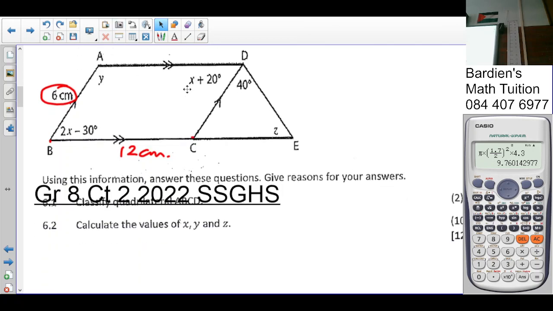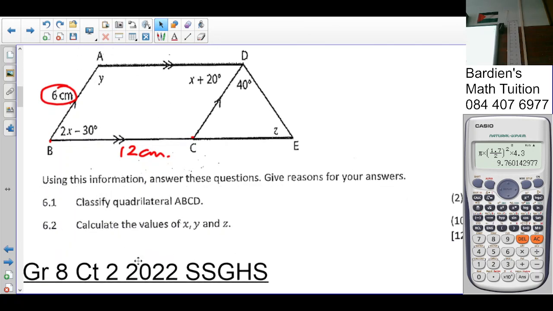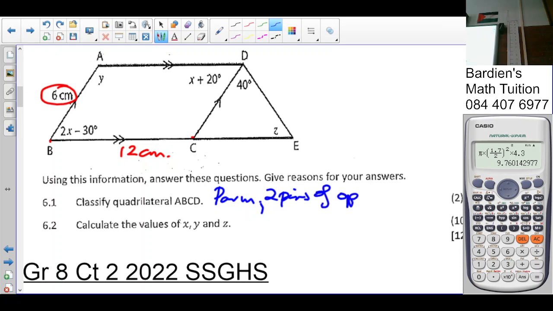Let's carry on. The question says, classify quadrilateral A, B, C, D. What type of quadrilateral is this? It's a parallelogram. Why? Because you got two pairs of opposite sides parallel.